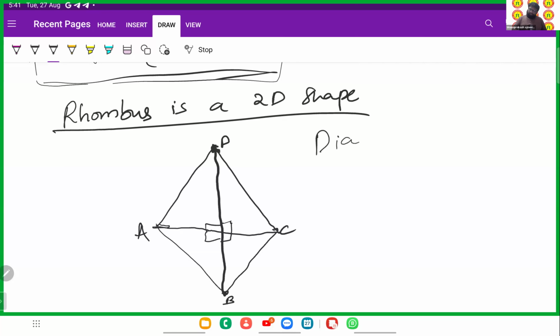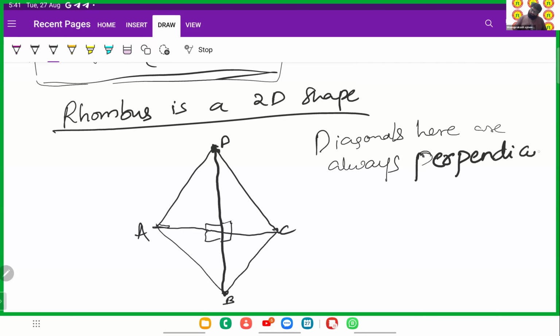to each other. Got my point? Any confusion till now?